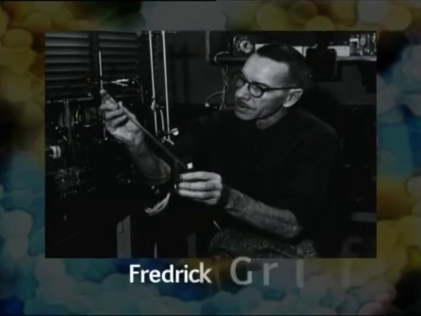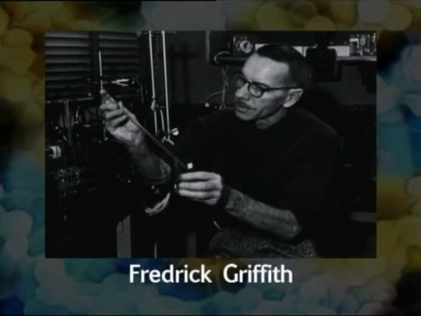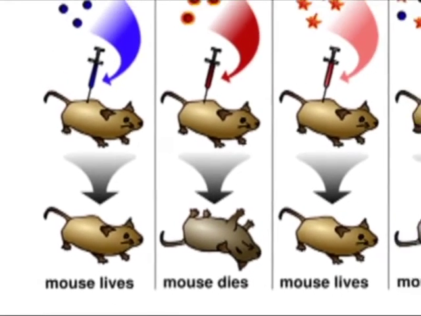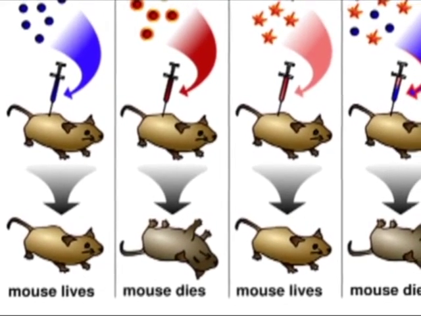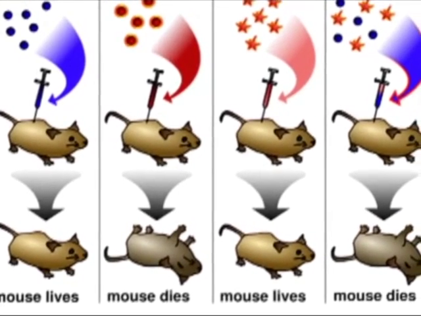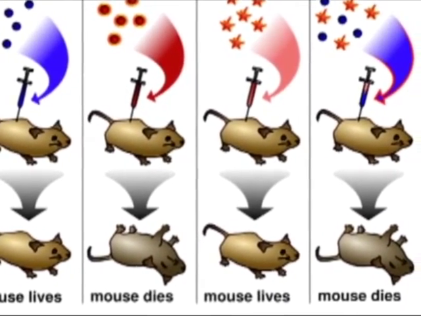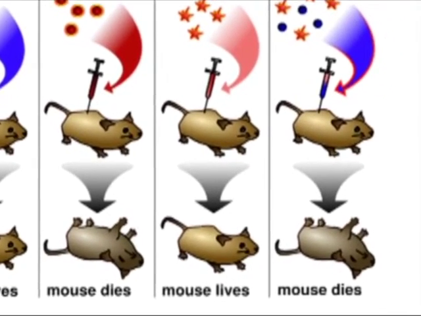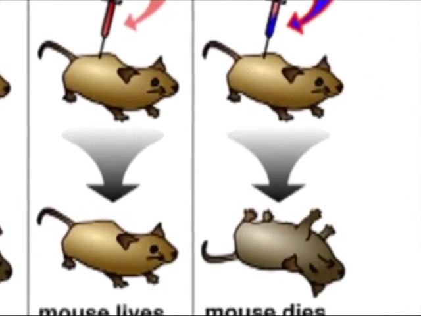Transformation. Frederick Griffith, an English bacteriologist, accidentally found that the heat-killed bacteria of the virulent strain of Pneumococcus pneumoniae could transfer characteristics of its strain to the non-virulent strain of living bacteria.